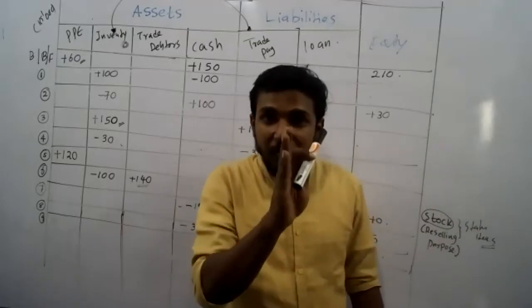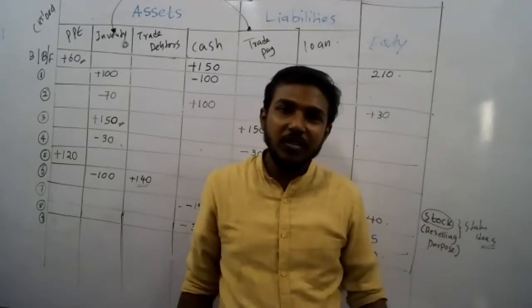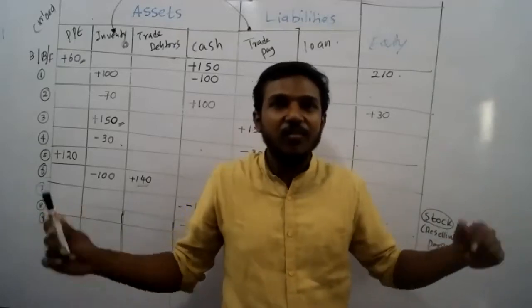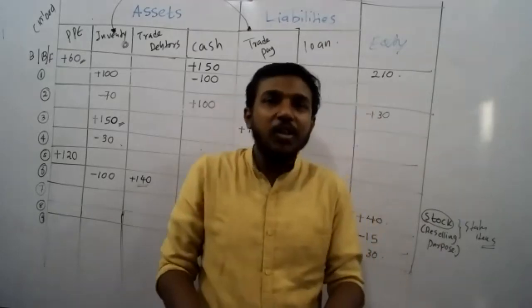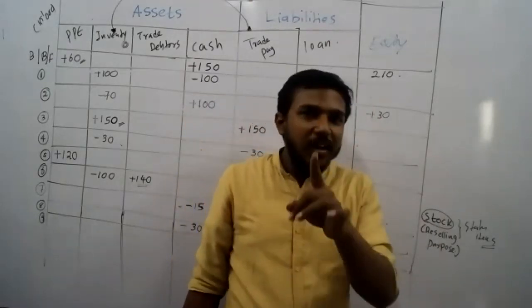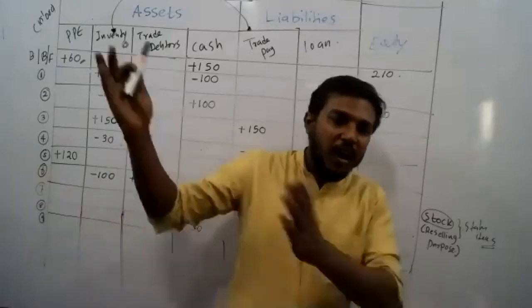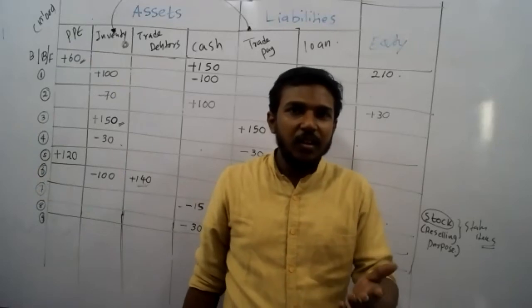But I checked question number 3, whether the examiner has given the accounting equation, because that's a question that we can select easily. So we want to make sure even if it's a simple question, we can't make mistakes. For 1 mark, your rank would go by like 100 places.